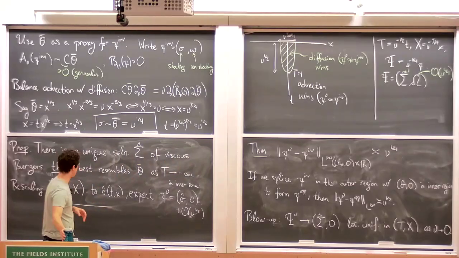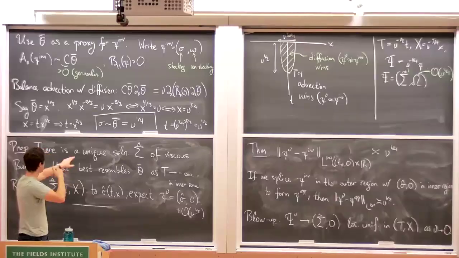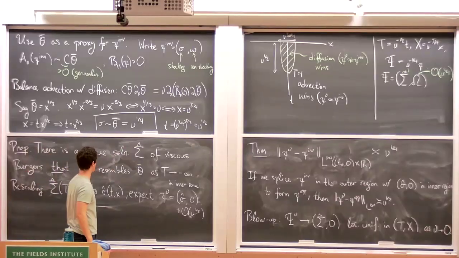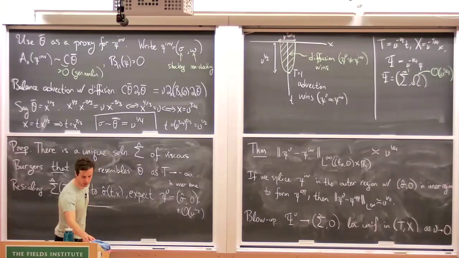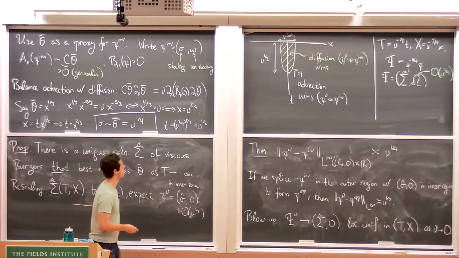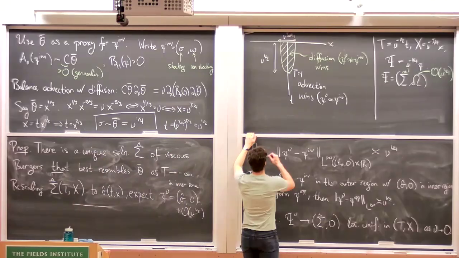Something I like about this is if I think about this unique solution, sigma hat, to viscous Burgers, it's being selected by the properties of theta bar. And let me recall theta bar somewhere up here, let's say.